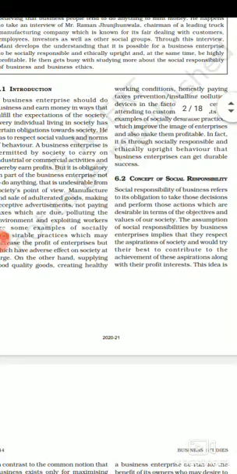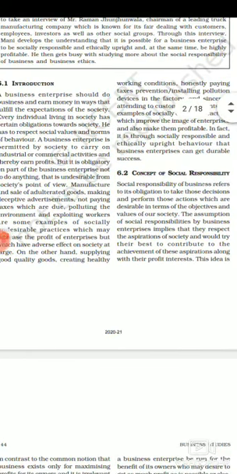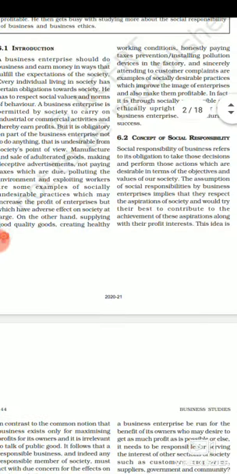Now, what can be a desirable practice of a business? That can be when a business enterprise is providing good quality products, creating a healthy working environment in the organization, paying its taxes honestly, and has installed pollution control devices in the factory so that the environment can be safe. So what are these all? These are all desirable practices which a business enterprise does just to see that the society is not adversely affected by it.